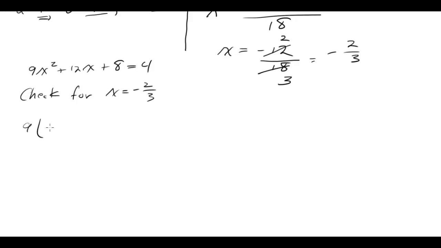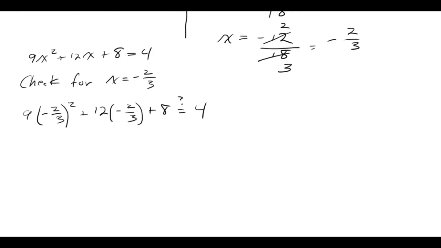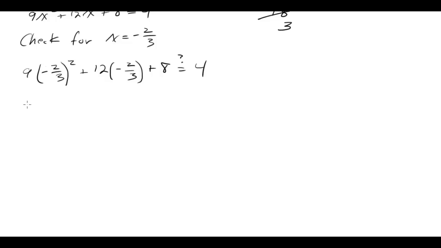Alright, so we have 9 times minus 2/3 squared plus 12 times minus 2/3 plus 8. If I add all that stuff up, do I get a 4? Let's hope so.